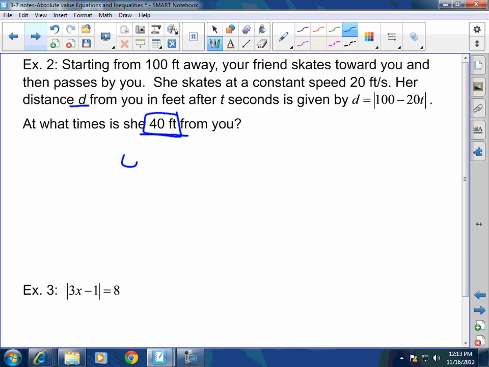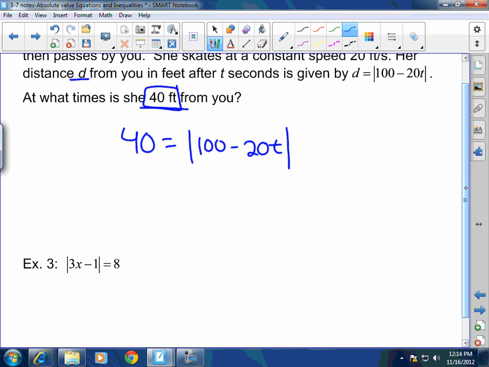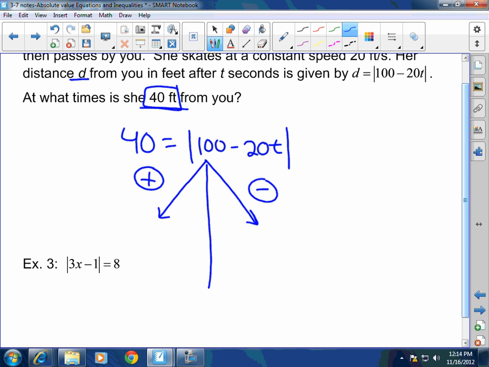So 40 equals absolute value of 100 minus 20t. Now what do I do? Wrong. Whoever said subtract 100 to both sides is wrong. At this point, you must split your equation into your positive mirror image and your negative side.